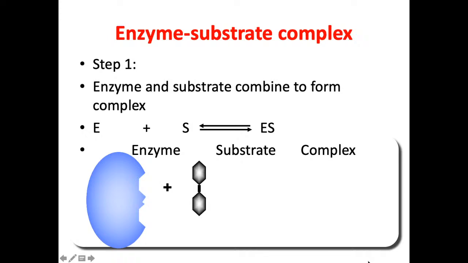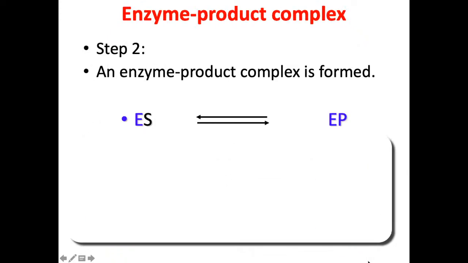We know this enzyme-substrate complex formation in step 1 of the enzyme working. So in the first step, enzyme and substrate combine to form a complex, right? And then the ES complex is made. Then the ES complex further makes your enzyme-product complex, EP.